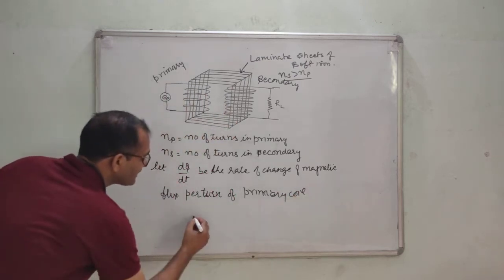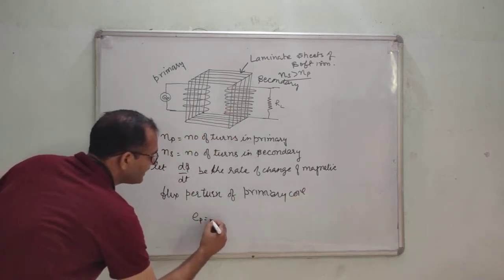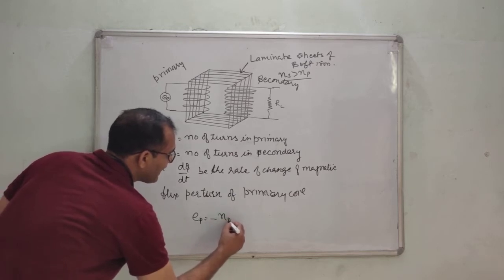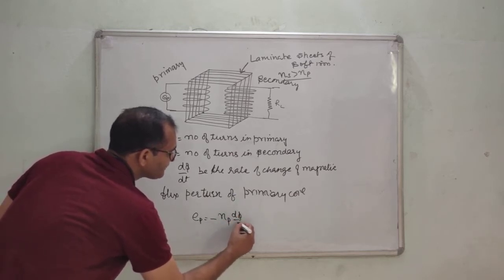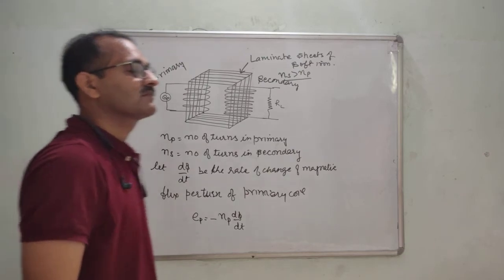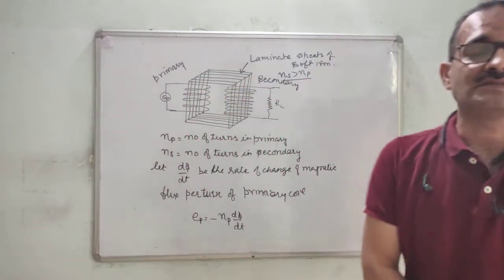Then by Faraday's second law of electromagnetic induction, Ep is equal to minus Np dφ/dt.